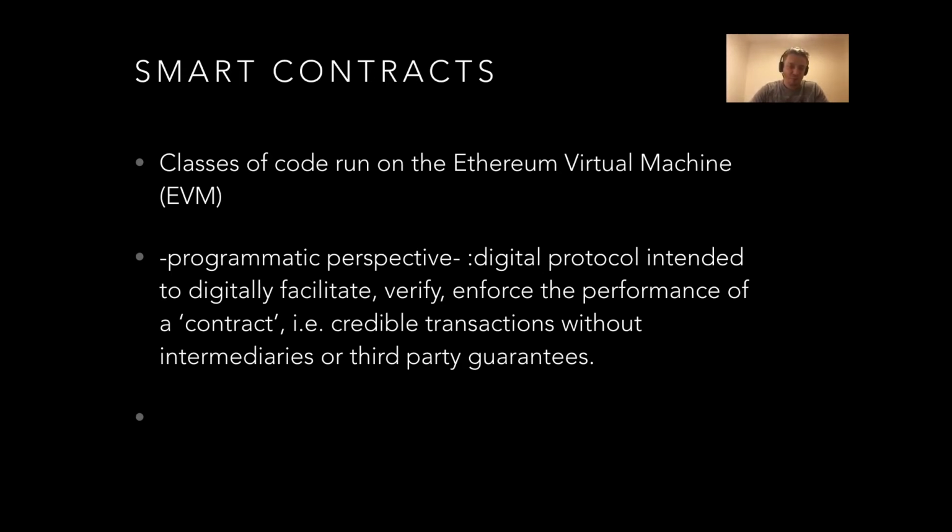If you take a programmatic perspective, right, so from the perspective of a computer programmer, smart contracts are a digital protocol intended to digitally facilitate, verify, and enforce the performance of a contract, essentially a credible transaction without any intermediaries or third-party guarantees.